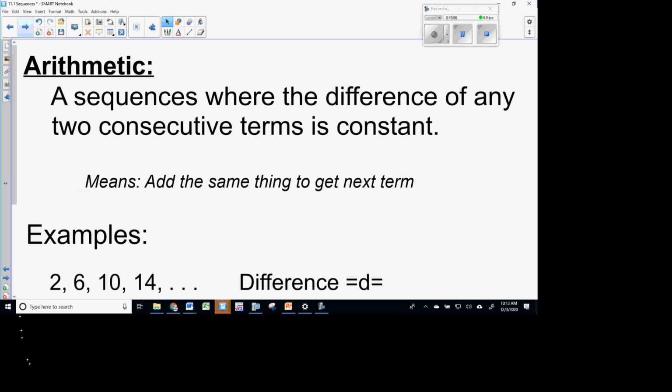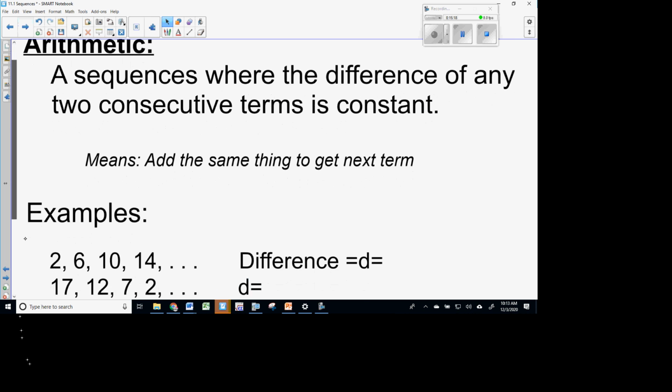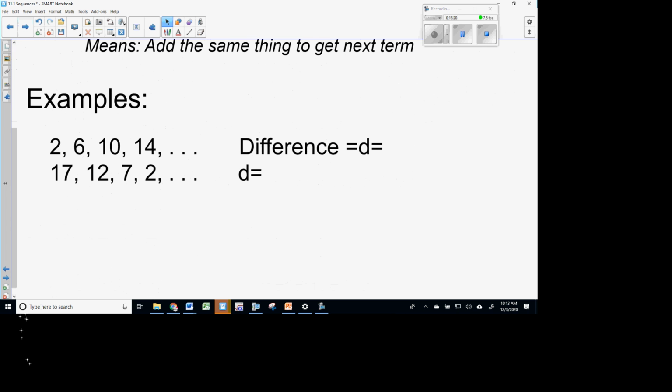So, arithmetic. The arithmetic sequence is the sequence where the difference of any two consecutive terms is constant. What that means, maybe a little easier, is you just add the same thing to get the next term. So if we have 2, 6, 10, 14, what do you add to get the next term? 4.